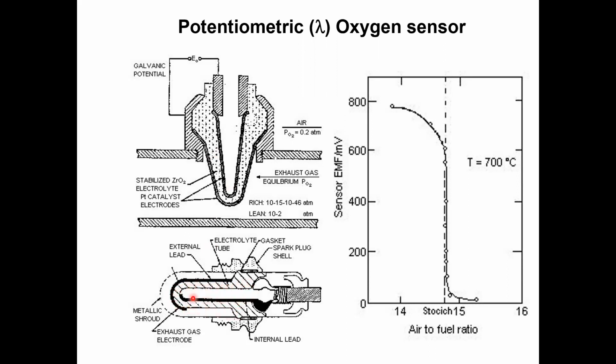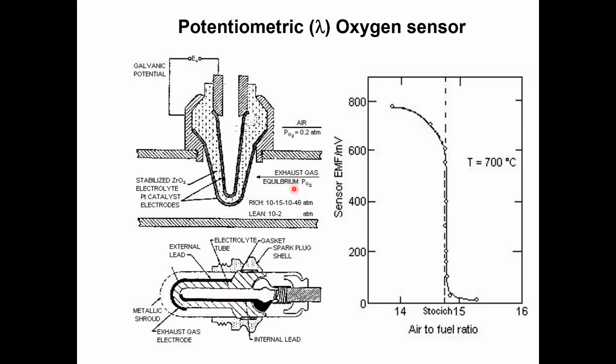Air is inside, platinum painted inside, platinum painted outside, and you connect inside versus outside. So this is designed in a way that it can be inserted into a spark plug type port. So there is a port for this oxygen sensor, which is known as the lambda sensor.